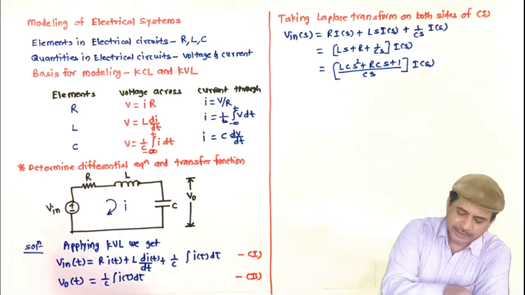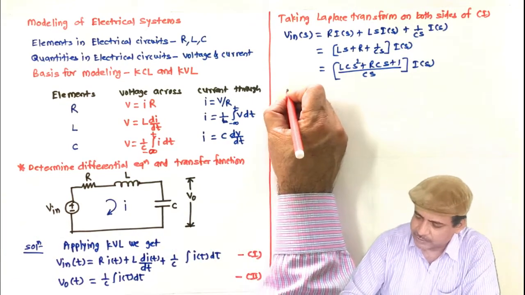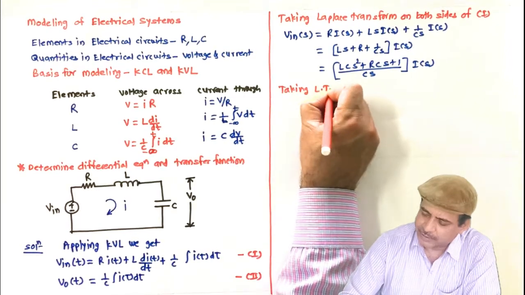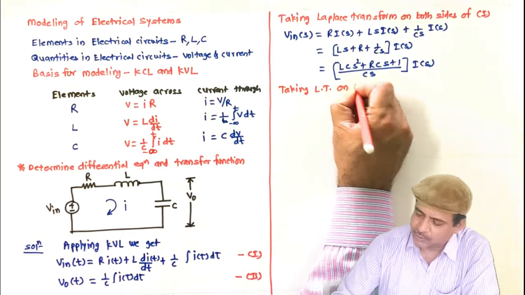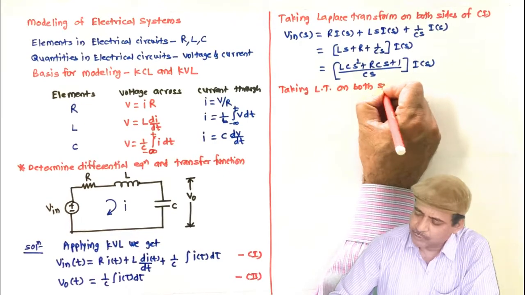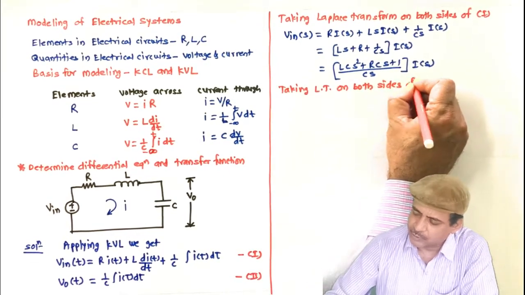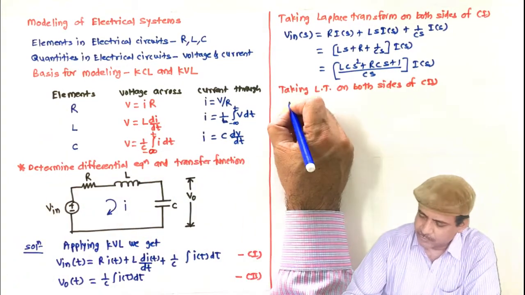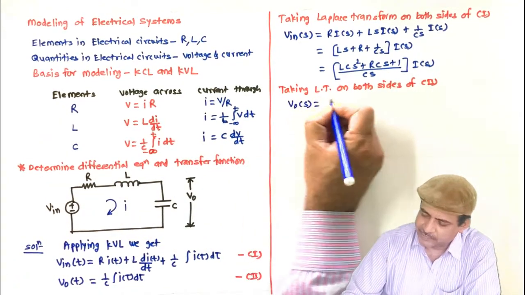Then I will repeat for the second term. So I will write in short form, Laplace transform on both sides of 2. V output of s will be equal to what?